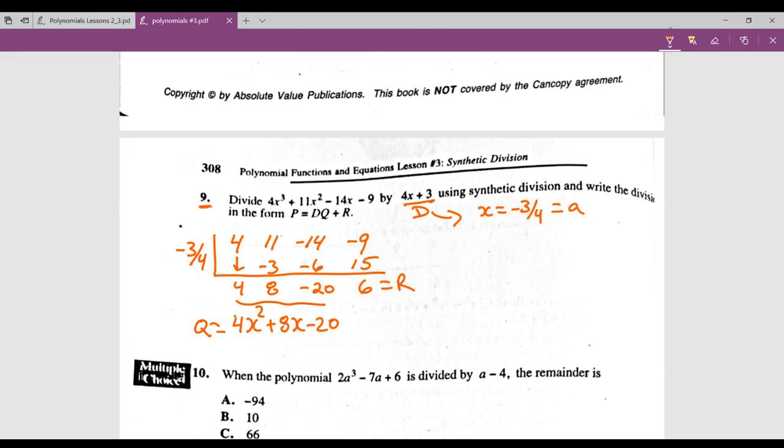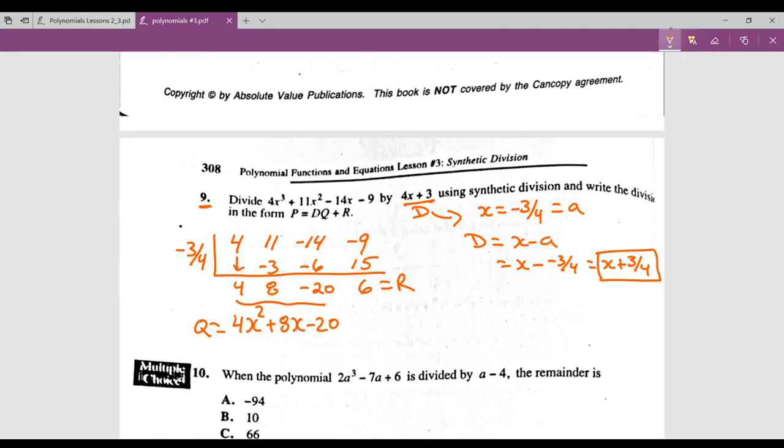My divisor, d, in this form is always x minus a, so x minus negative 3/4, which becomes x plus 3/4.